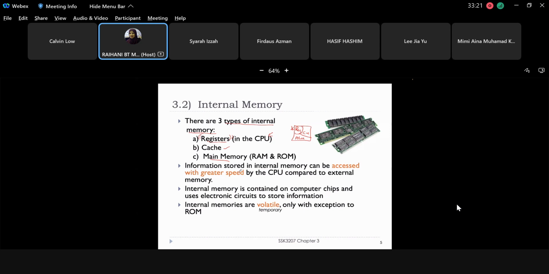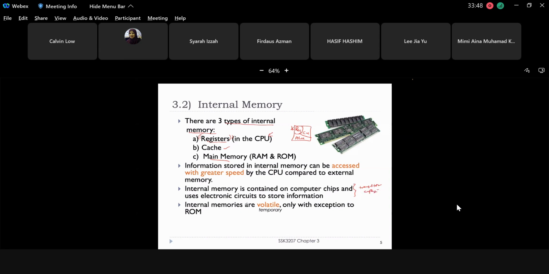Information stored in internal memory can be accessed with greater speed by the CPU compared to external memory. Internal memory is contained in CPU chips and uses electronic circuits to store information. The cells in memory are made of transistors and capacitors.